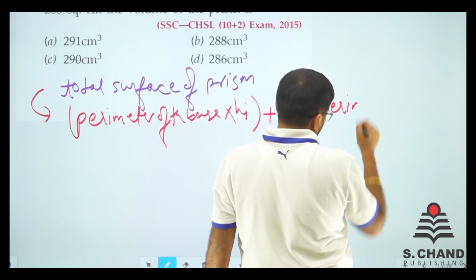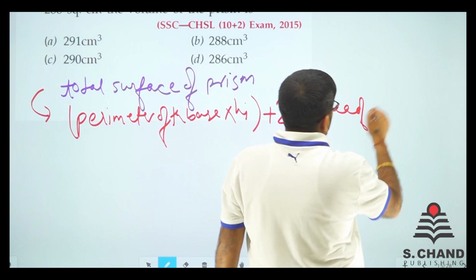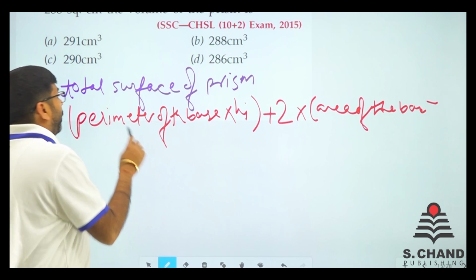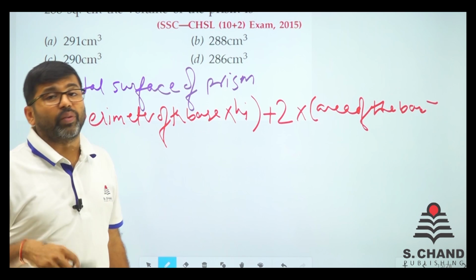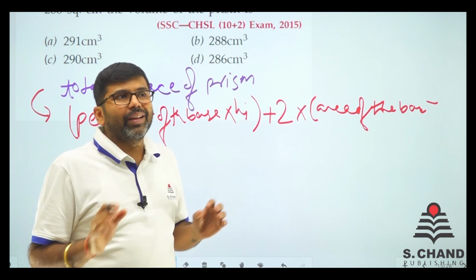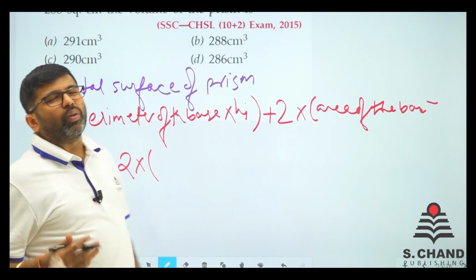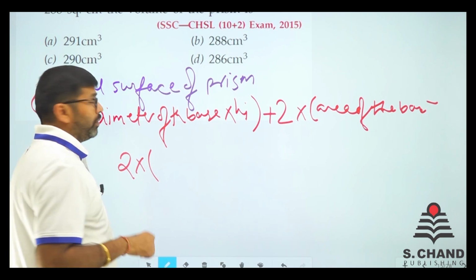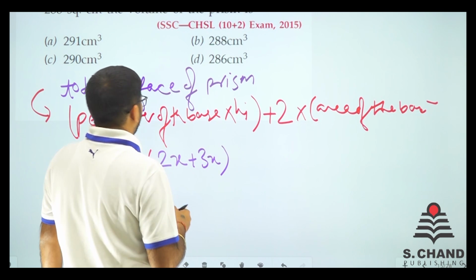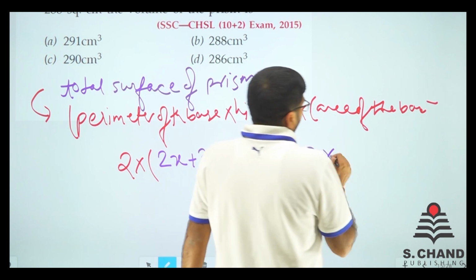Perimeter of the base: the base is rectangular, and the perimeter of a rectangle is 2 times l plus b. So 2 into l plus b, that is 2x and 3x, then the height, which is given as 12, plus 2 into area of the base.